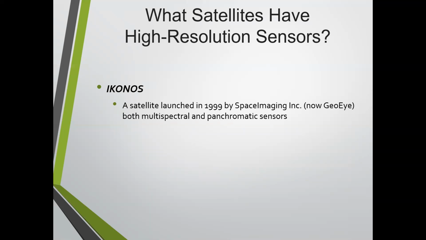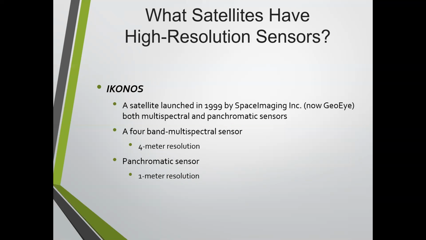Okay, the Ikonos, this was started by Space Imaging Inc. It's now GeoEye. So I think Ikonos is both GeoEye and Ikonos. And these guys had both multispectral and panchromatic sensors in them, a 4-band multispectral sensor, 4 meter resolution. So again, that's really pretty high level stuff. Panchromatic sensor is 1 meter resolution.